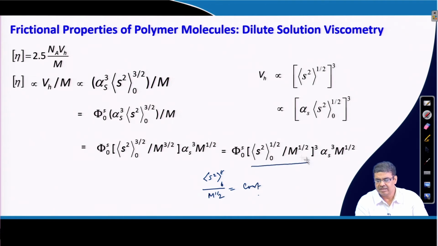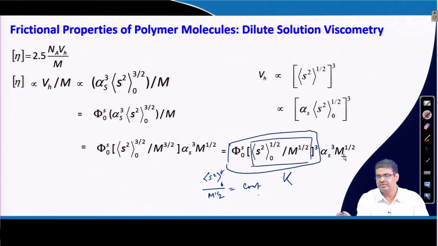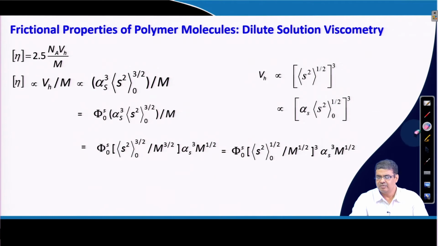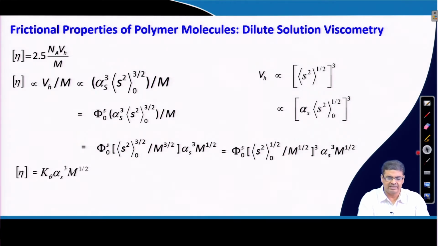So, the term inside this bracket is constant. We can put this constant and this constant together, make a new constant K, and write the entire thing as K, and write these two other quantities in an expression like this. This is the constant accommodating all these terms, and I explained why this is a constant.